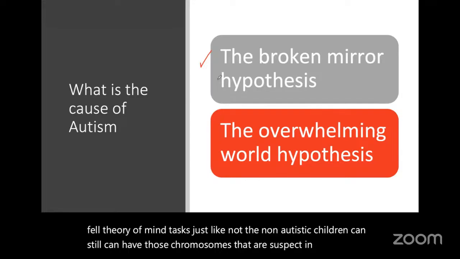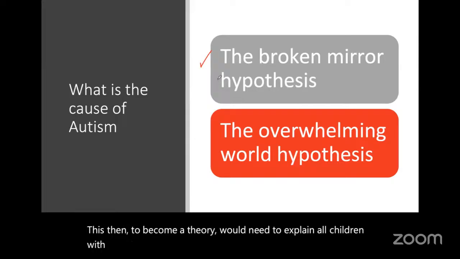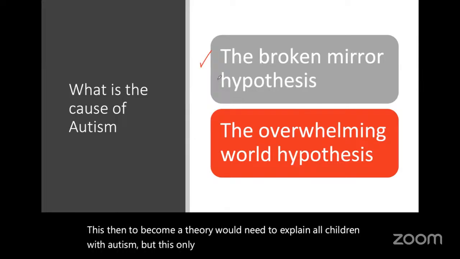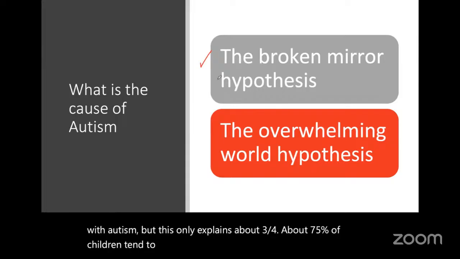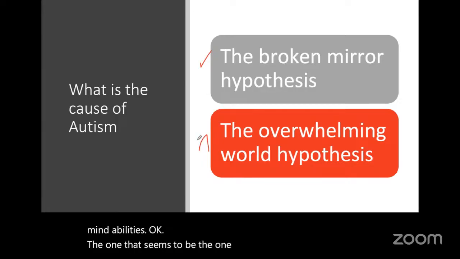Okay, so for a hypothesis to become a theory, it would need to explain all children with autism, but this only explains about 75% of children, who tend to have weakened or no theory of mind abilities.